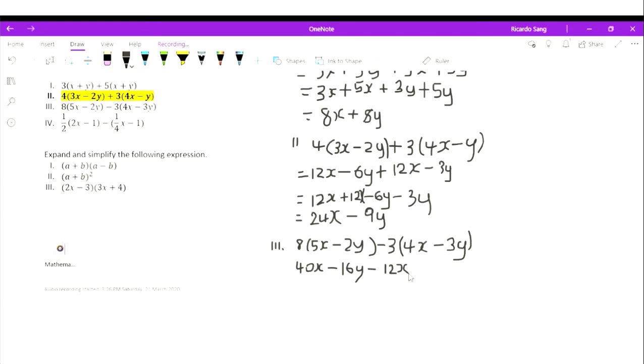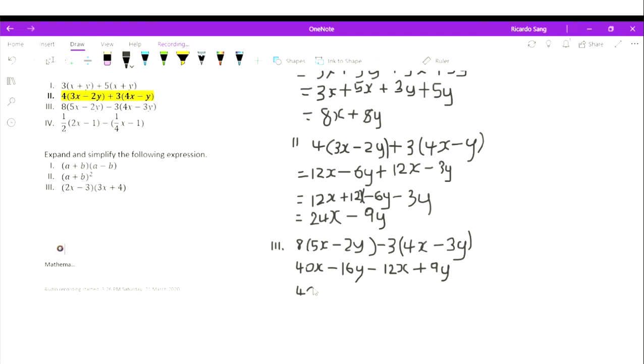That's 12x. 3 3s is 9. Negative times negative gives you a positive. Please remember that. This is going to become a positive 9y. Alright, so now we can group like terms together and then simplify.